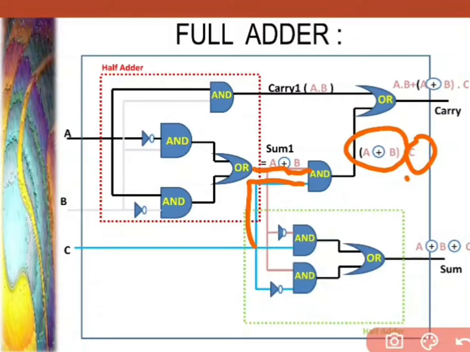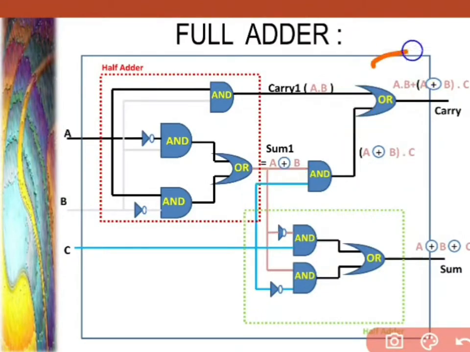That's why the dot is provided. And when both are passed through the OR gate, we get a plus between them. That's why this is our expression.